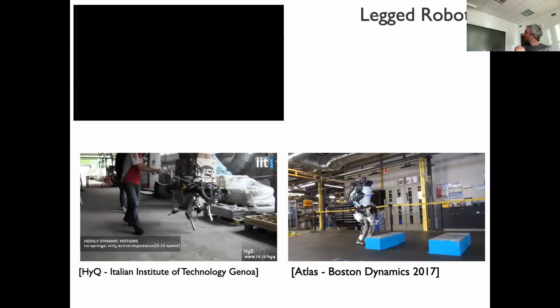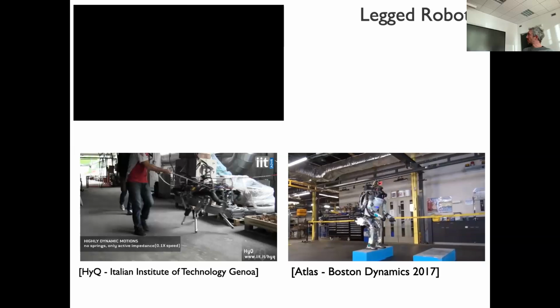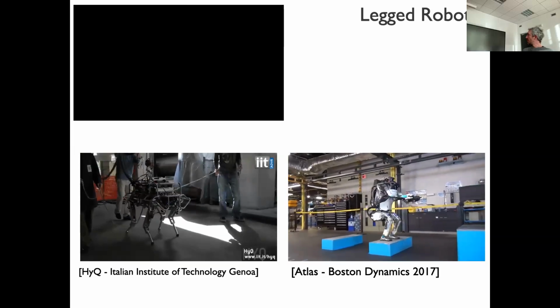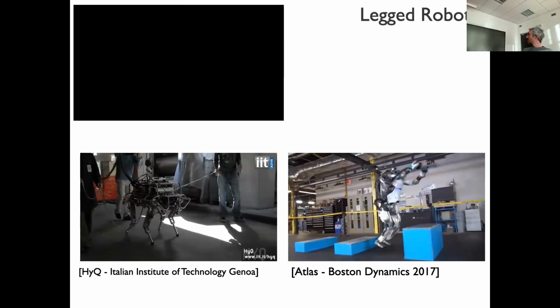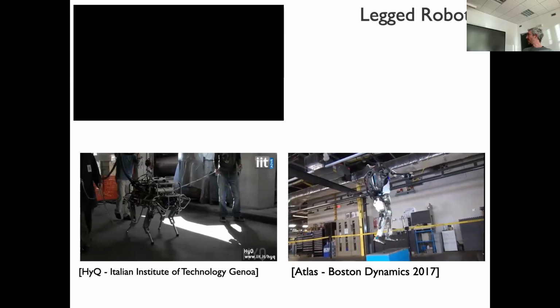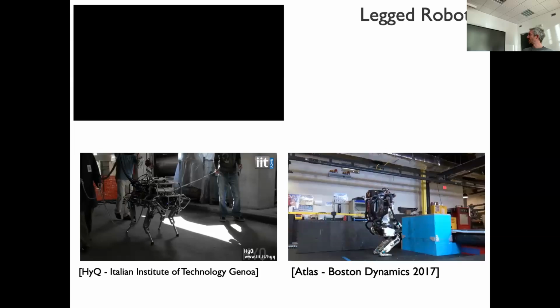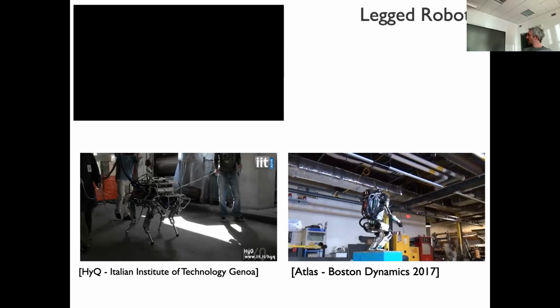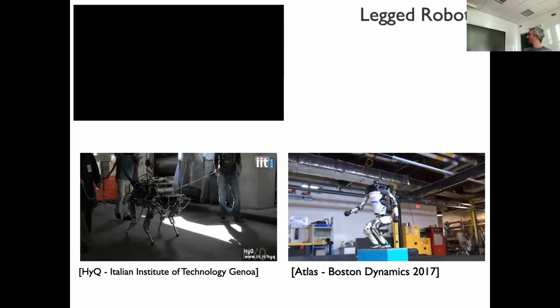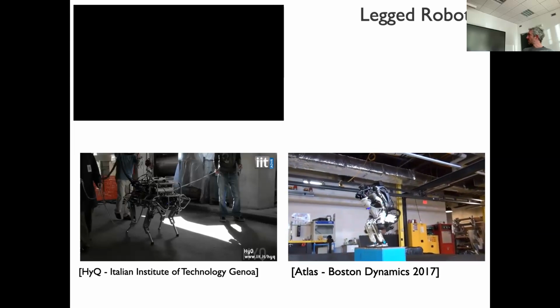And indeed, also the Atlas robot, which you have probably already seen, by Boston Dynamics, is mainly hydraulic. I don't know if it's completely hydraulic, but for sure it's mainly hydraulic. And that's how you can achieve these super dynamic movements.